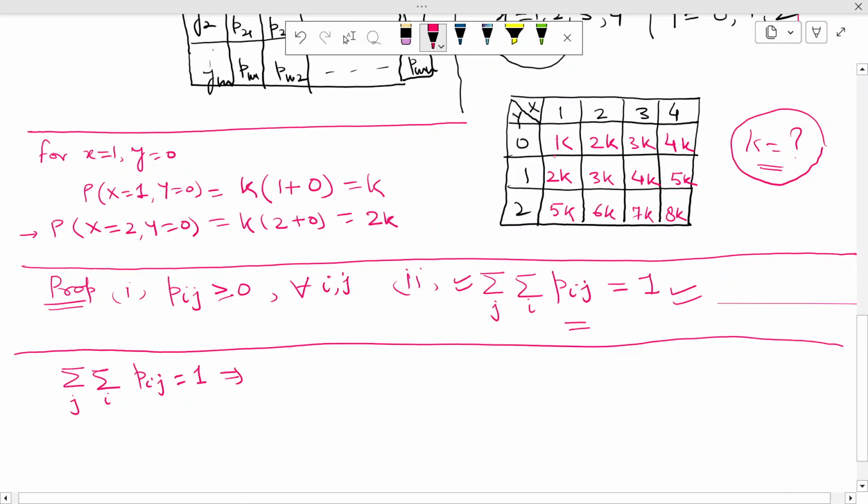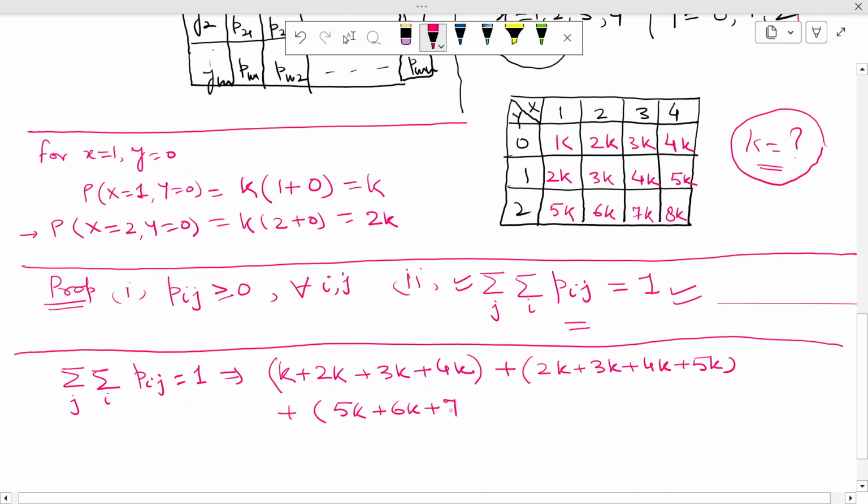Now you can see that here we are having k plus 2k plus 3k plus 4k. These are the entries in the first row. Now when you are considering the second row, these are 2k plus 3k plus 4k plus 5k, and similarly in the last row, the third row, we are having 5k plus 6k plus 7k plus 8k, and this sum should be 1.